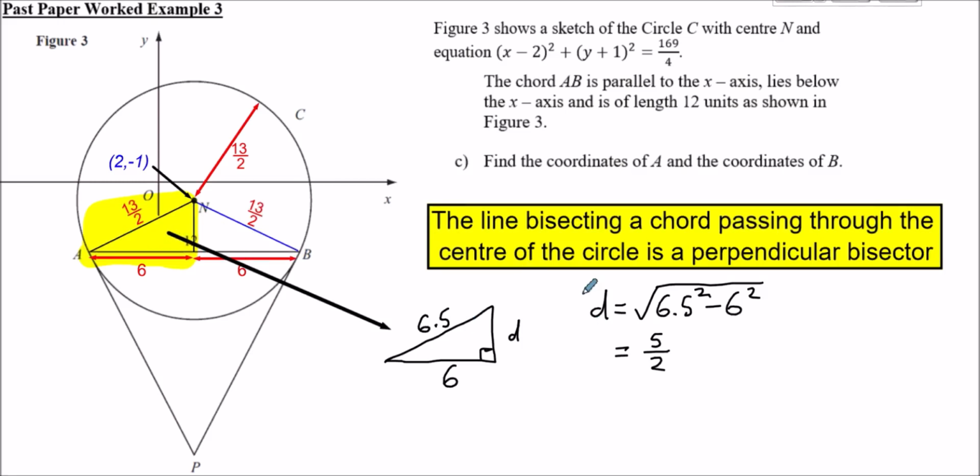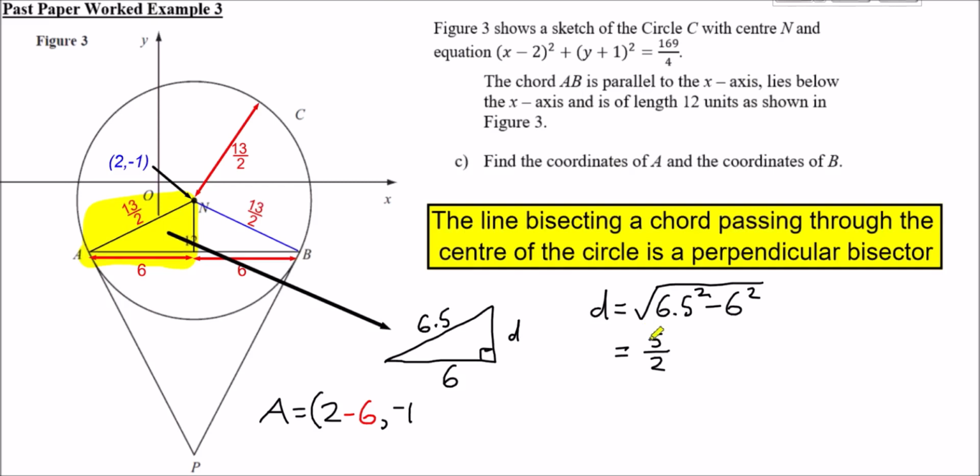So now we know that D is 2.5, we know that A must be the x-coordinate of N, which, if you remember from part A, was 2, but 6 to the left, so 2 minus 6. And the y-coordinate of A is the y-coordinate of N, which was minus 1, but it's this distance below.